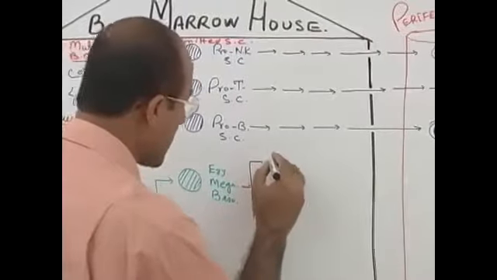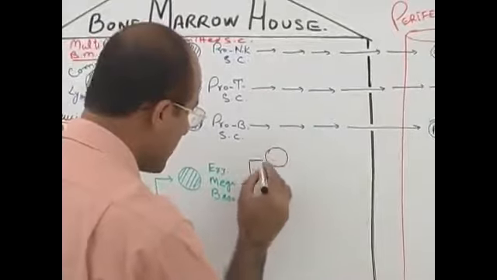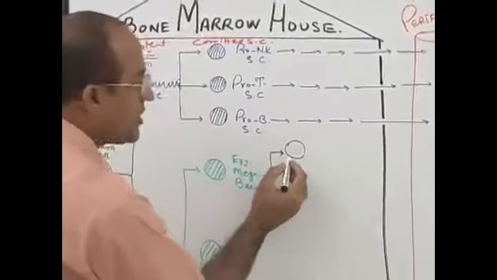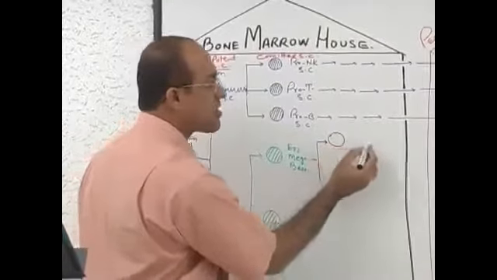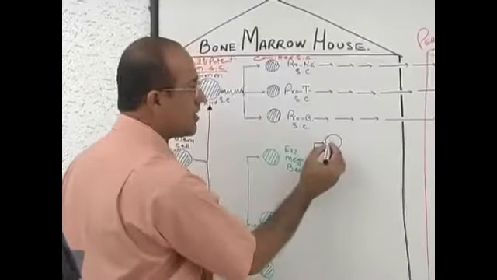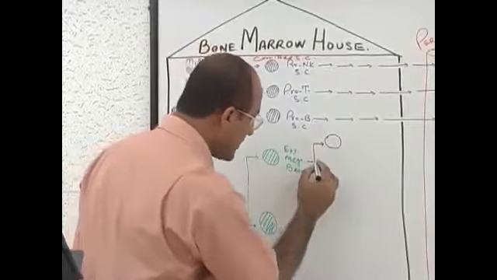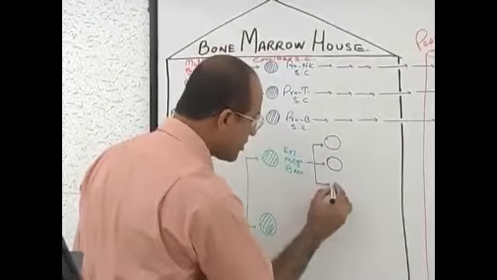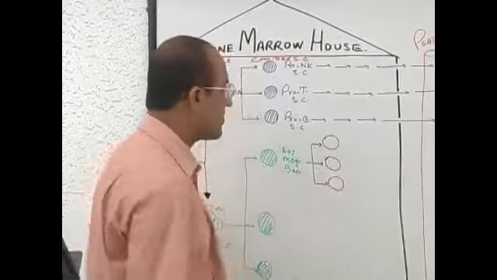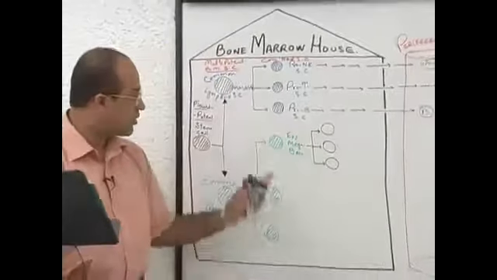It can make a product here. This is the morphologically recognizable precursor cell for the erythroid series, and it is called erythroblast. And this is megakaryoblast, and this is basoblast.